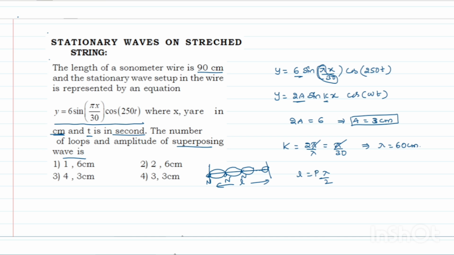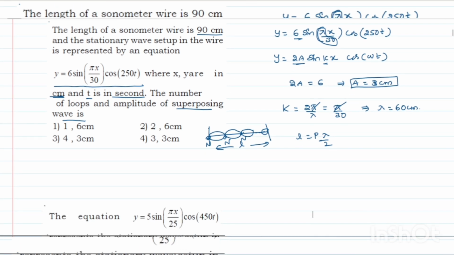So this is the general formula we are going to use for getting the number of segments or number of loops. L equals p lambda by 2, and with this we calculate the number of loops, which is nothing but p, students.